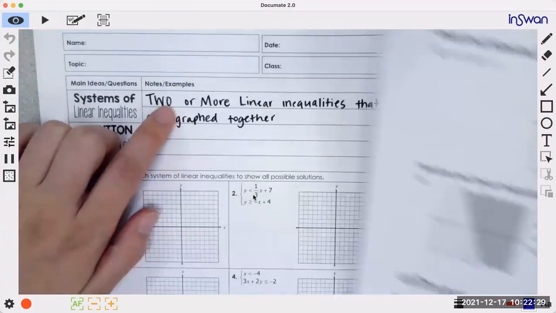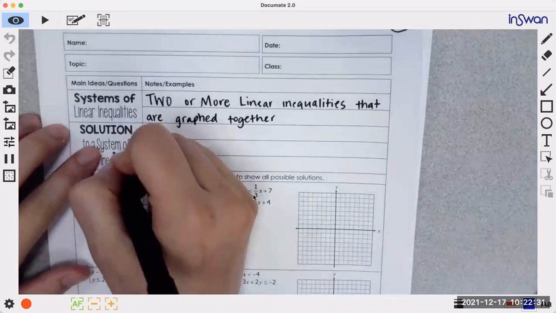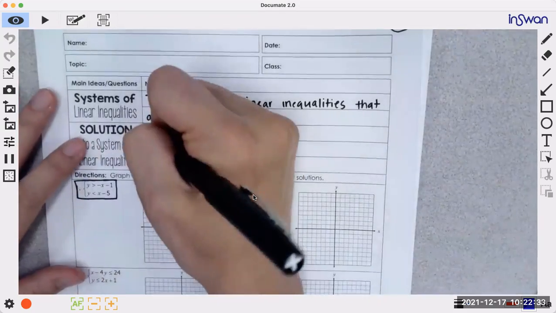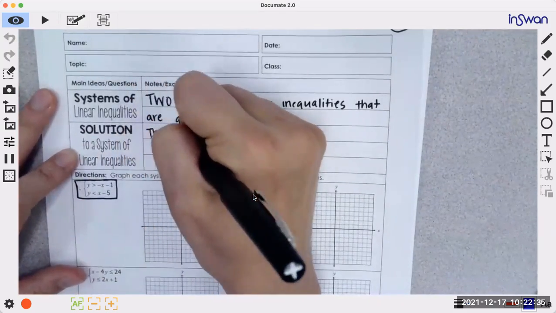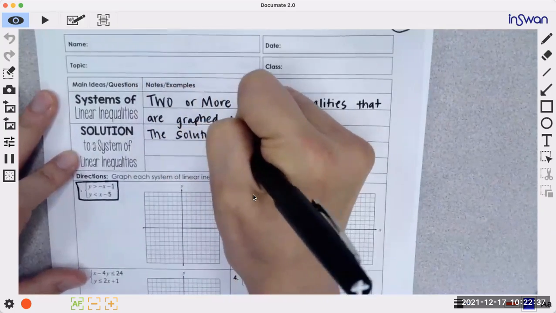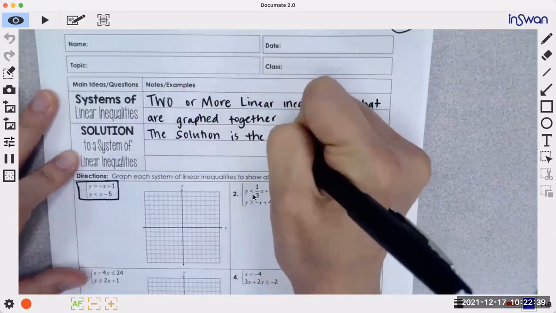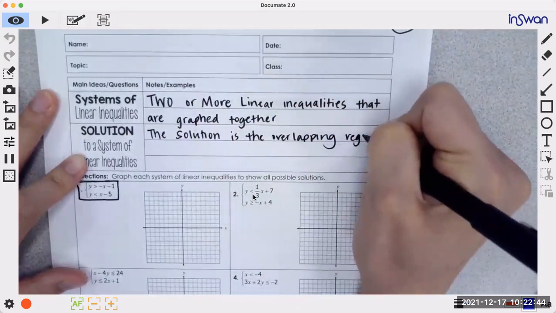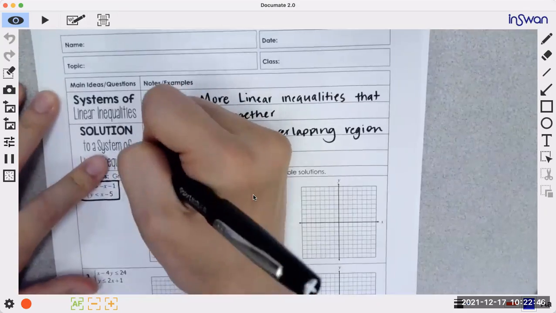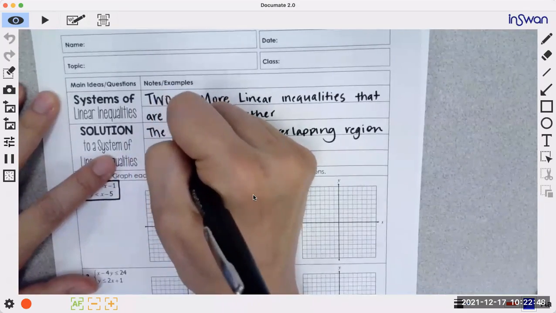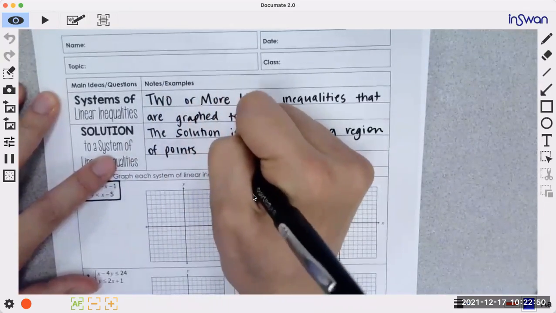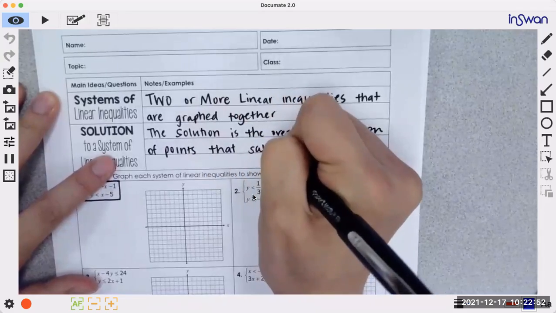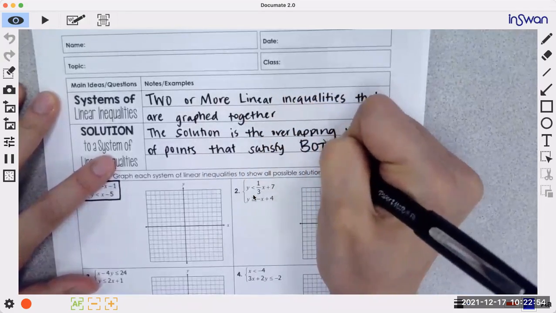Now, when we have a solution to a system of two or more graphs, the solution is the overlapping region. So it's still an area of all the points that satisfy both graphs.